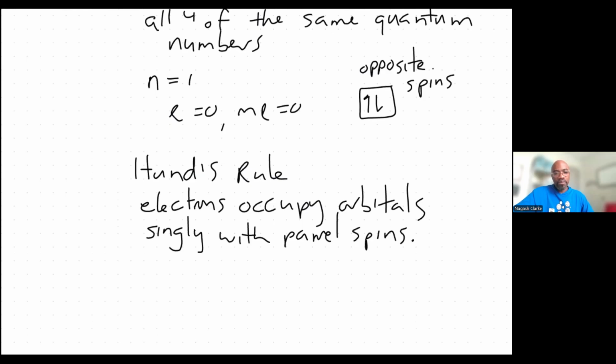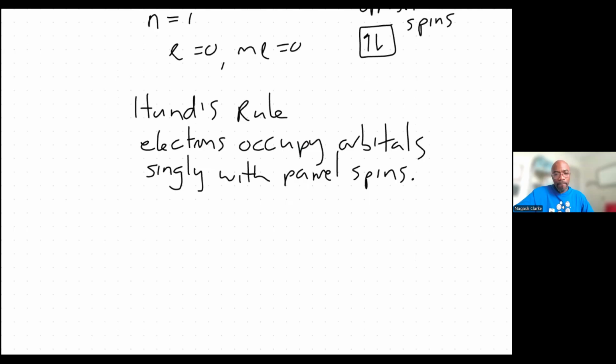Meaning, if this is a p orbital, L equals 1, and I have 3 electrons, they're going to occupy with parallel spins.